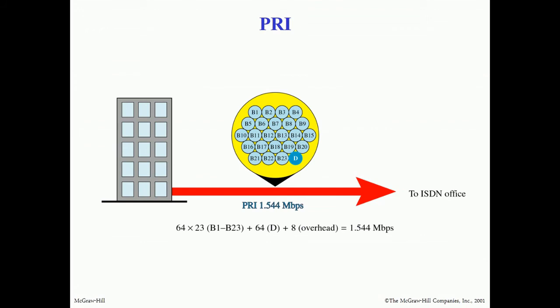Next, this is the PRI, primary rate interface. Primary rate interface is used for greater capacity requirements.